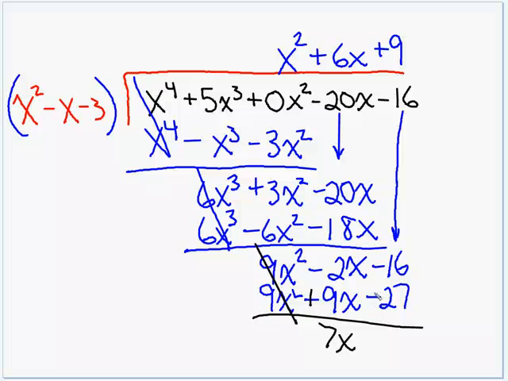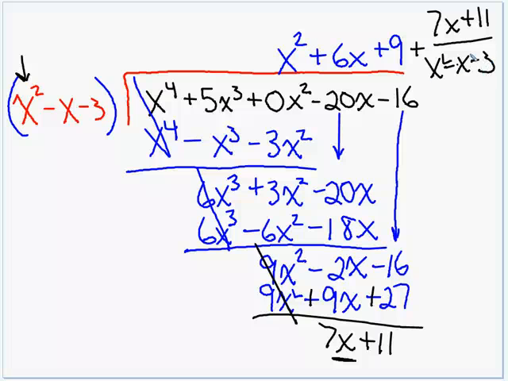Negative 16 minus a negative 27 would turn that into a plus, and that will wind up at a positive 11. So now this power is less than this power. So that's our remainder, and we've run out of room up here. So this is positive. We'll have a plus 7x plus 11 over the divisor, x squared minus x minus 3.